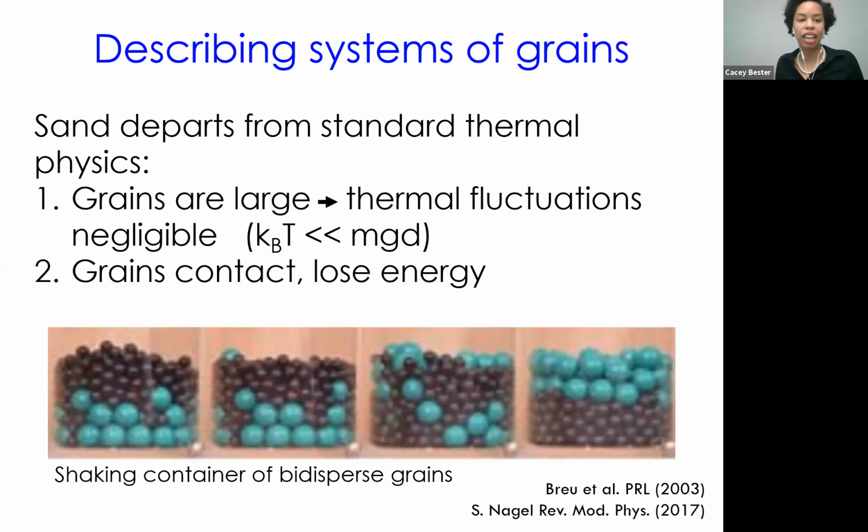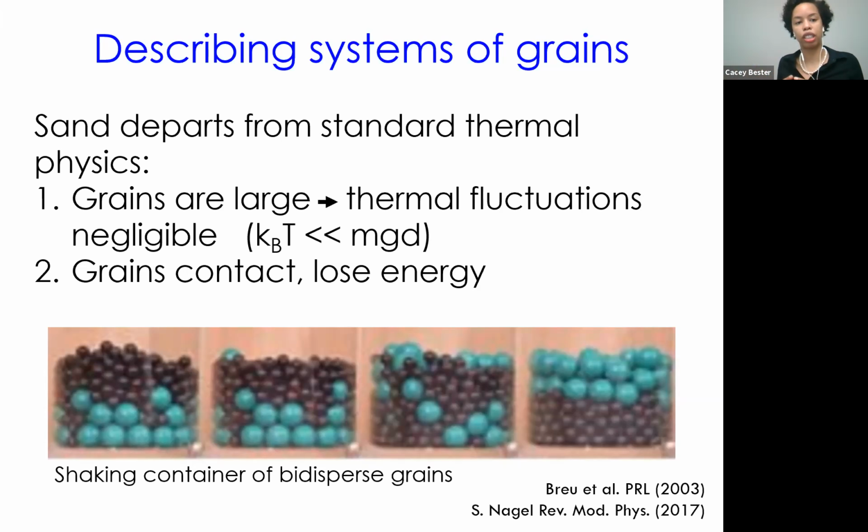For instance, individual grains of a granular media are very large, so their thermal energy is negligible compared to the gravitational potential energy. And we can't use temperature as a way to describe granular systems as we would in statistical mechanics. Also, the grains are constantly colliding with each other, interacting by friction and collisions.